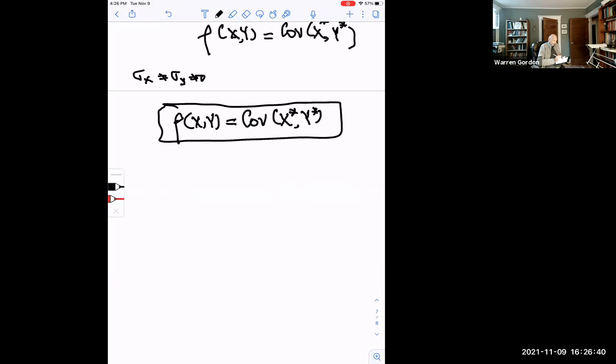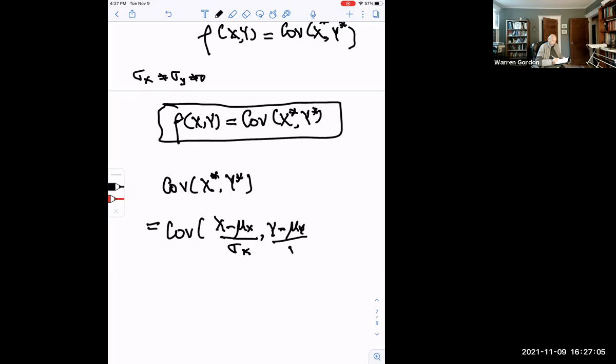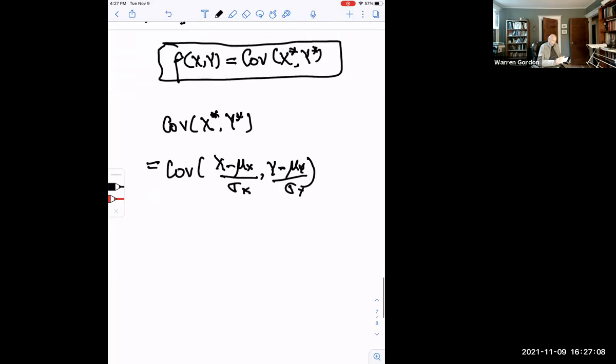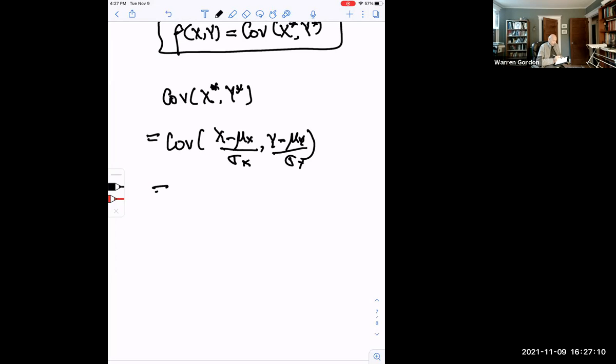observe that, in fact, the covariance of x star, y star, I'm going to now use the properties, is equal to the covariance of (x minus mu sub x) over sigma sub x, (y minus mu sub y) over sigma sub y. Now, if I use the properties of covariance, which are very similar to the properties of variance and expectation, I can pull out the sigma sub x and the sigma sub y.